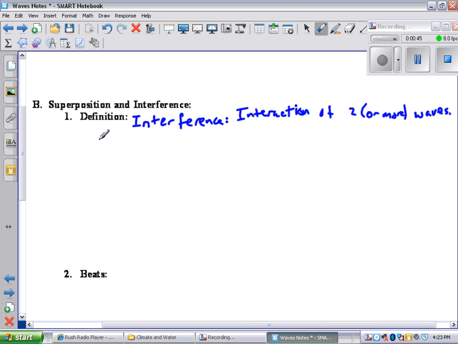And superposition kind of tells how they interact. When they interact, you simply add the amplitudes of the two waves.